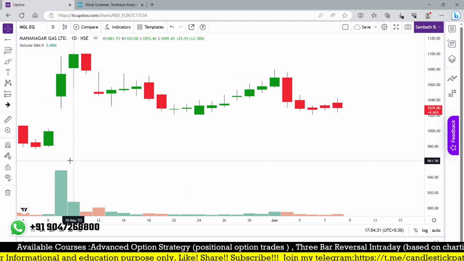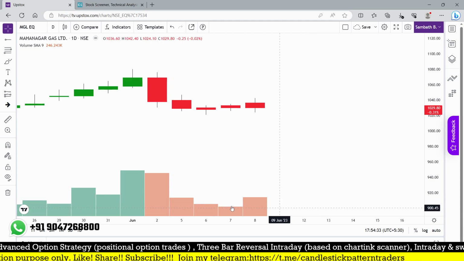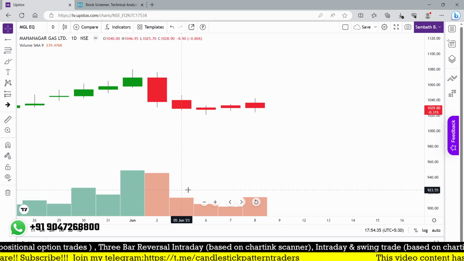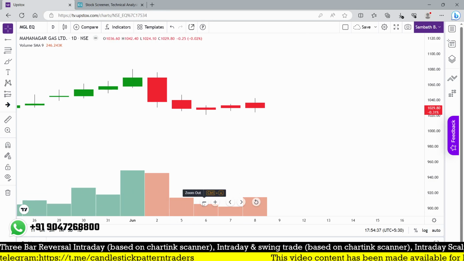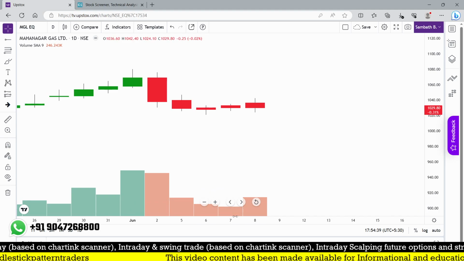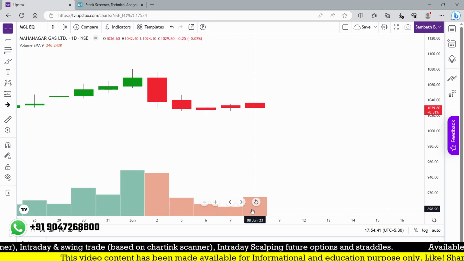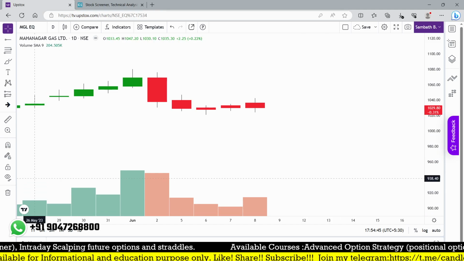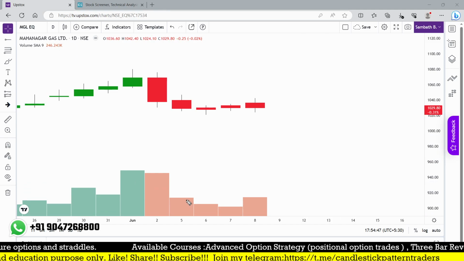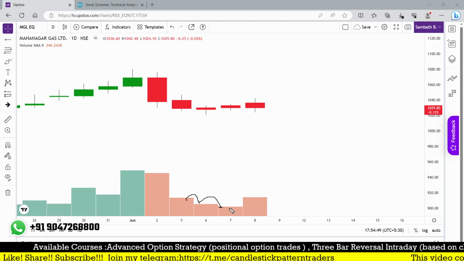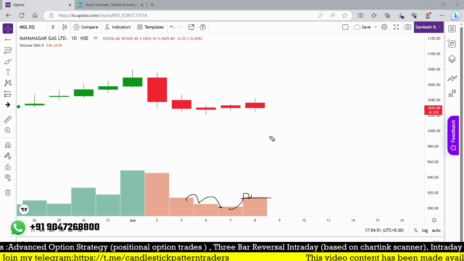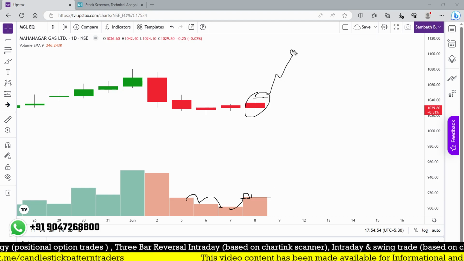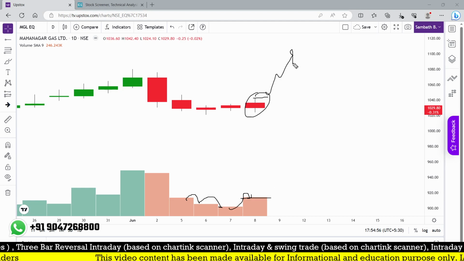So where we can see the volume, no problem. Day one is about 239, 240. Second day is about 157. Third day is about 122, and today is 246. What I'm exactly looking for is that the last 3 consecutive days the volume keeps on moving down, and today's volume is greater than that. Maybe I'm just expecting a continuation of the trend. That should be the idea.